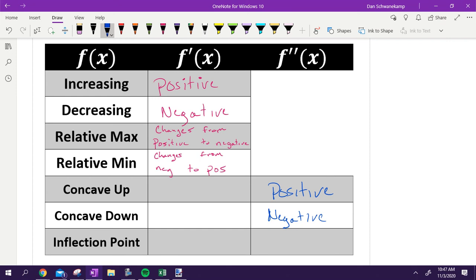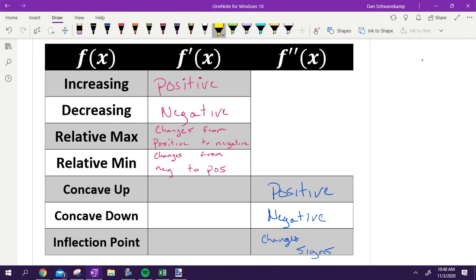What about an inflection point? What is happening on f double prime if you have an inflection point? Max? The signs change. That's key. It's not just zero, but it has to change signs. F double prime changes signs. That's what we're looking for, a point of inflection.